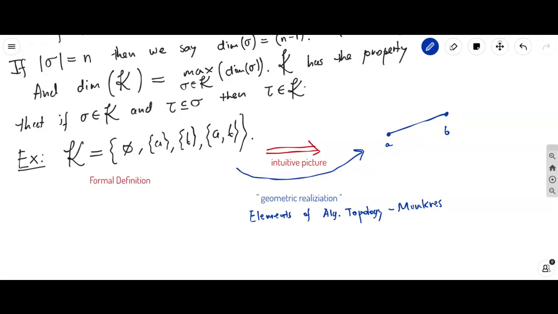And the way Munkres begins the book is he starts the book completely about simplicial complexes. He dedicates a very big part of the book to simplicial complexes, how you can geometrically realize them as topological spaces. He defines homology. He proves many theorems on homology.